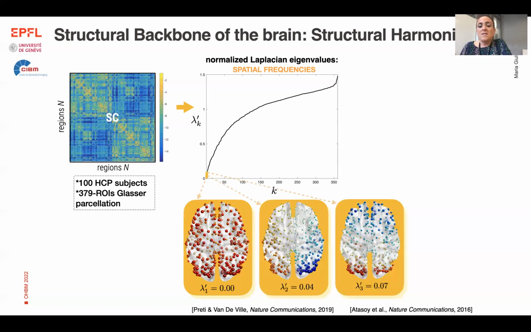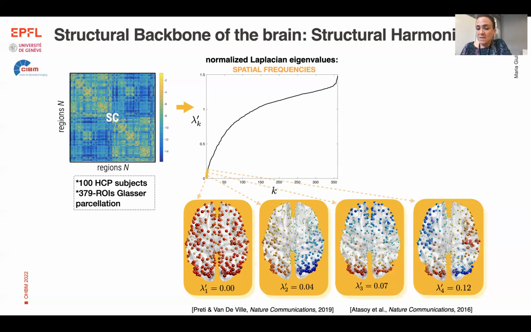When we look instead at low frequency eigenvalues, these correspond to patterns that are global, as you can see here, and with low spatial variation. What it means is that you have patterns that are very smooth on the graph, on the structural connectome. They are very attached to the structural connectome.